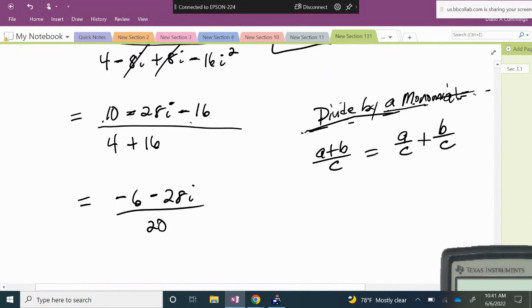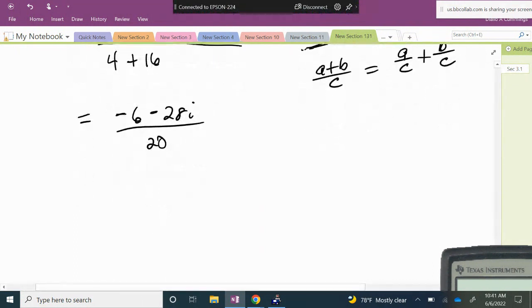Which means that I want to rewrite the denominator as a denominator for every term in the numerator, and then I'll simplify. Since I only have one term in the denominator, I'm going to rewrite this as negative 6 over 20 minus 28i over 20, and now I'm going to simplify.